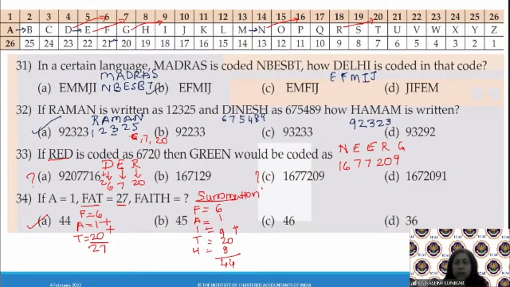For D it is 4, then here I am putting 6. So 4 plus 2 is 6. For E it is 5 plus 2, 7. Okay, that way. And for green also I have reversed the alphabets and then written the number plus 2. For N it is 14. 14 plus 2 is 16. Okay.